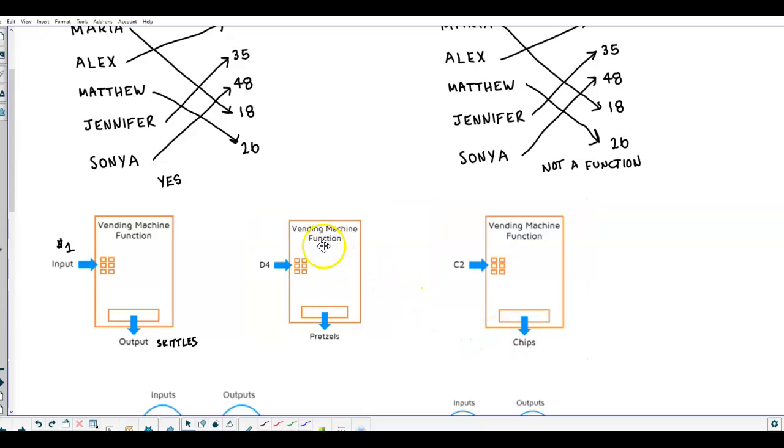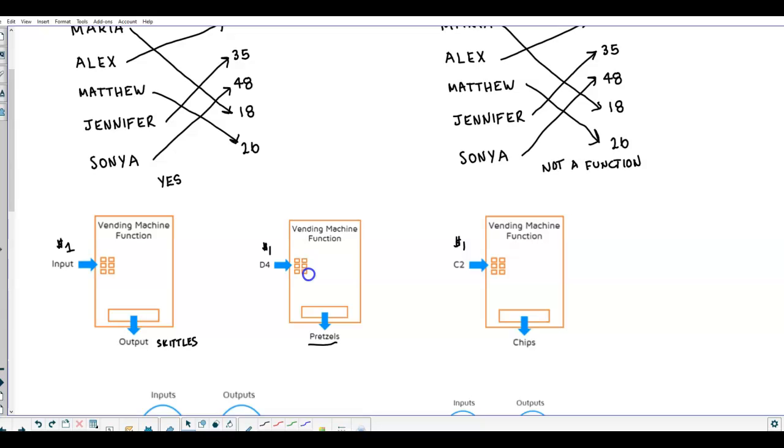All right, so when you go to a vending machine, you select which option that you want. So let's say that for $1, we're going to select D4, and then it's going to give us pretzels as the output. And then in our second option, we're going to pick another $1, but we're going to select C2.